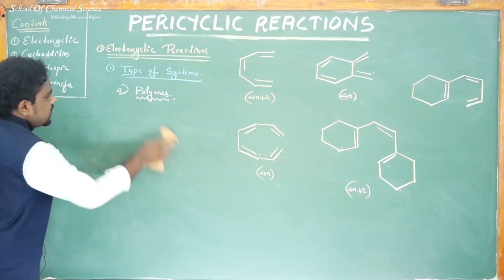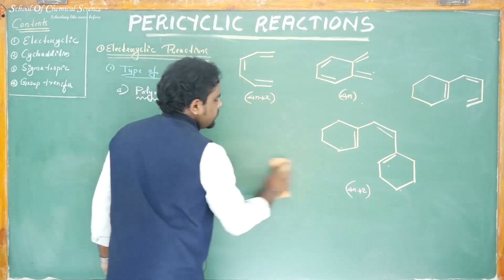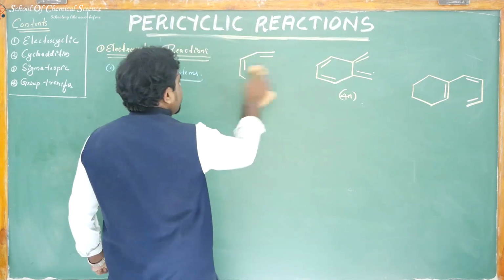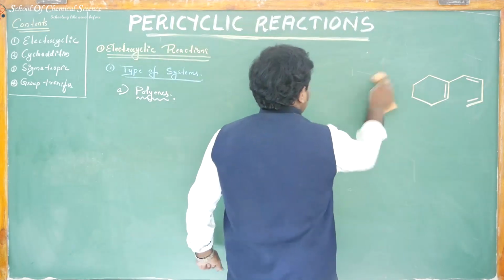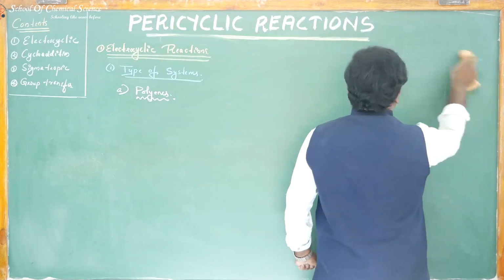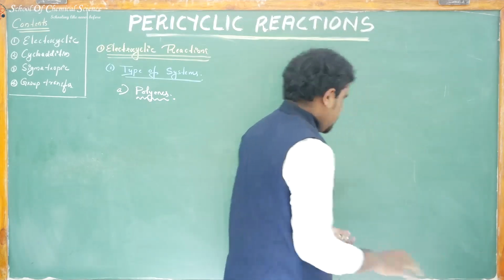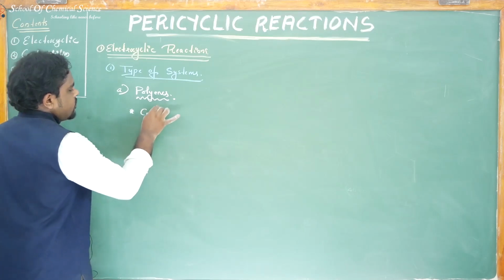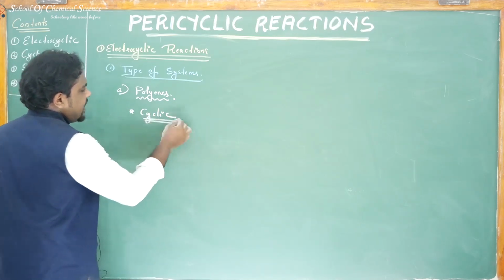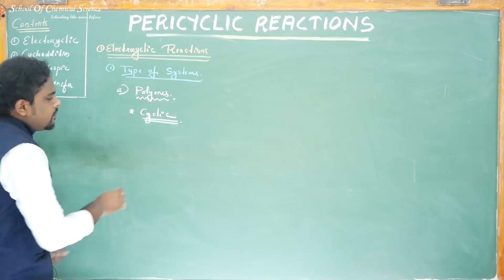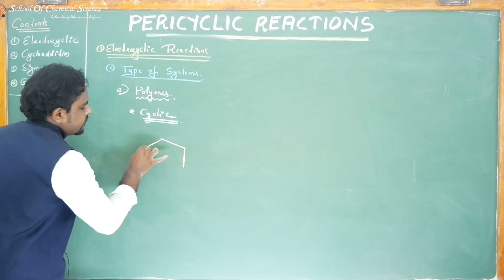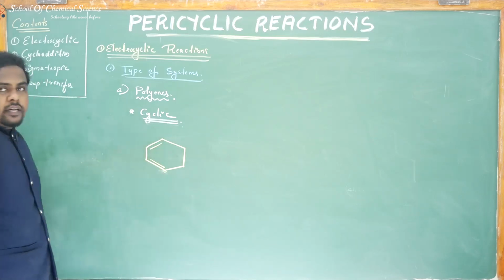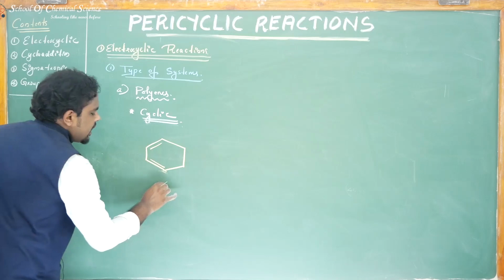Then cyclic polyenes. Cyclic. First example, how many pi electrons are there? 2, 4 pi electron.